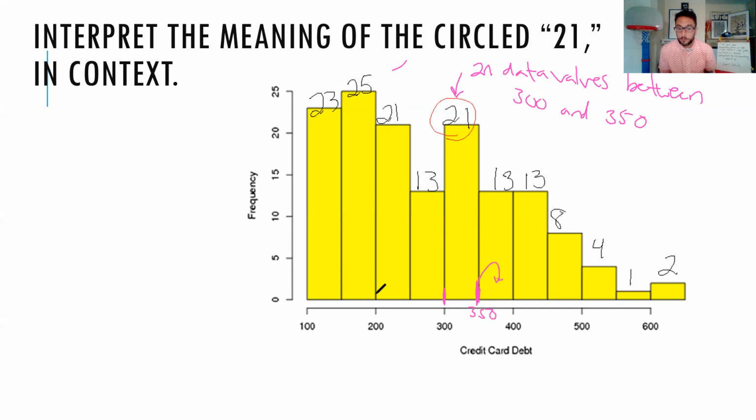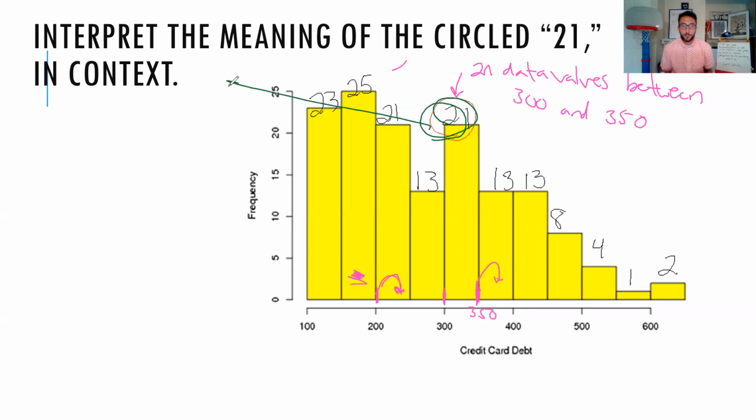So if a data value falls on the end of an interval, it always goes in the bin to the right. So there's no 200s in here. Any 200s would be in this bin to the right. But anyways, back to the question at hand. This in pink is decent, but not essentially correct, not good enough for our class because it's not in context. So we want to talk about context.